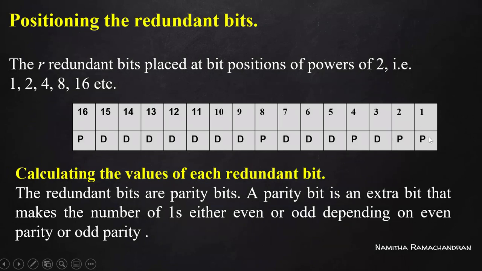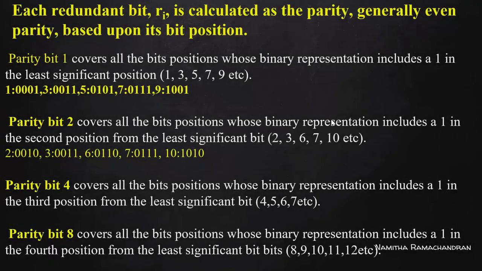So for setting a correct value for this particular parity bit, we need to consider the binary representation of different positions, and we need to consider the positions in which the binary representation contains a 1 in the least significant position. So these are the positions, like 1, 3, 5, 7, 9, etc.